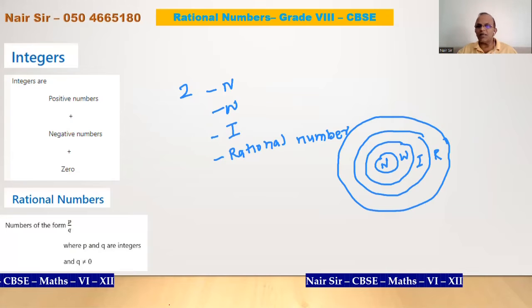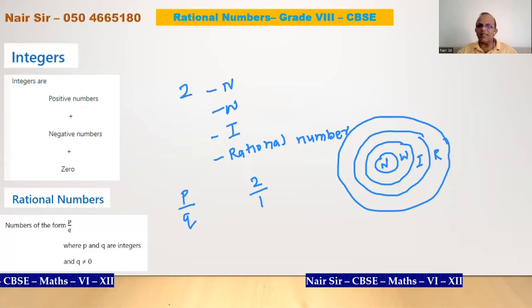But sir, we were talking about p upon q, but this is 2. Can I write 2 as 2 upon 1? Am I right? That's where it is considered.